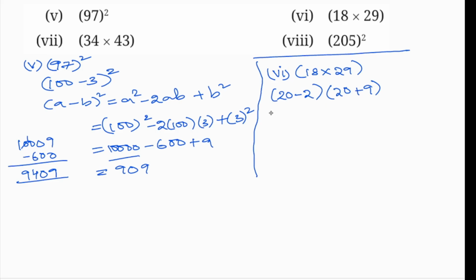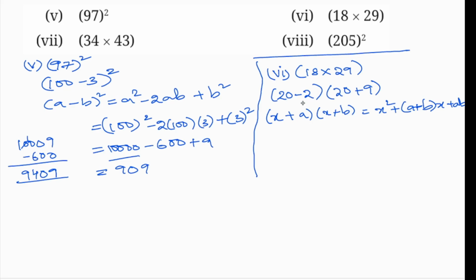Here both are different. The formula is (x plus a) into (x plus b) is equal to x square plus (a plus b) into x plus ab.